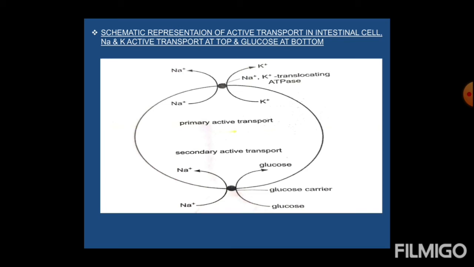That's why they are moving out. Whereas if potassium is coming inside the cell, it means that potassium concentration is less inside the cell, so less outside. That is why they are moving inside. So from lower concentration towards a higher concentration, the sodium and potassium will move.